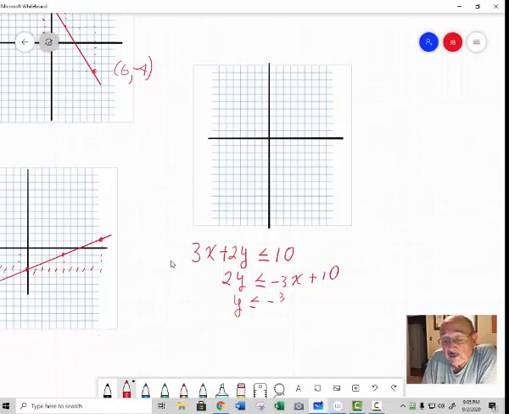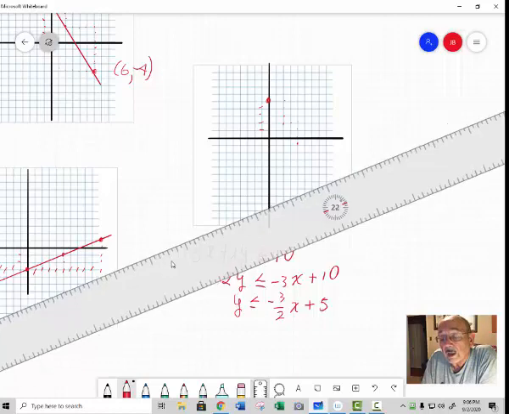We're going to get this same line here, a positive 5, 1, 2, 3, 4, 5. Here's my point 0, 5, and I'm going to go over 2 and down 1, 2, 3. Over 2 and down 1, 2, 3. And now when I draw the line through those 2 points, I'll get exactly the same line.